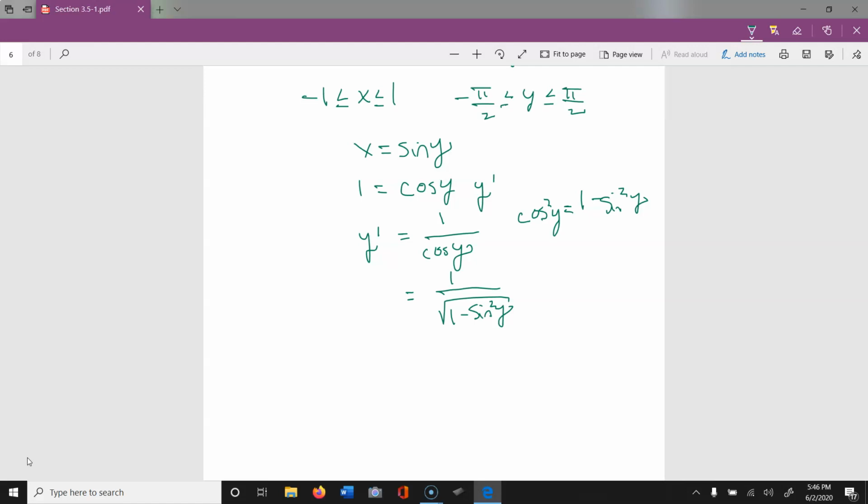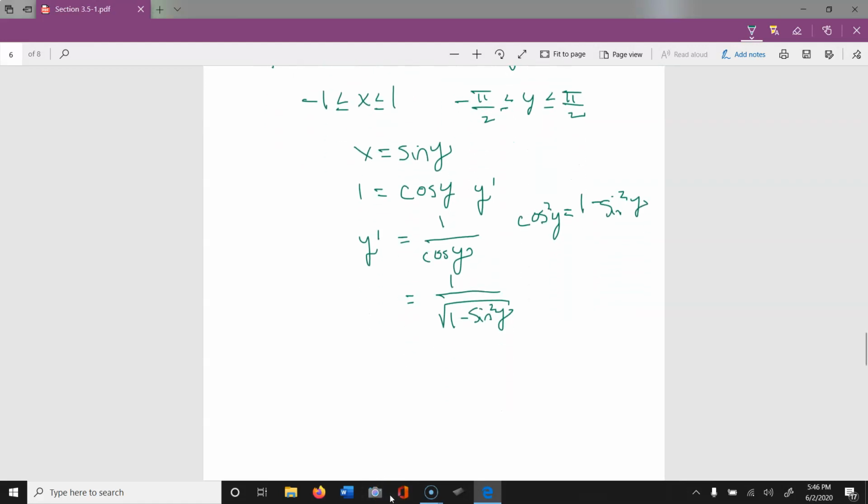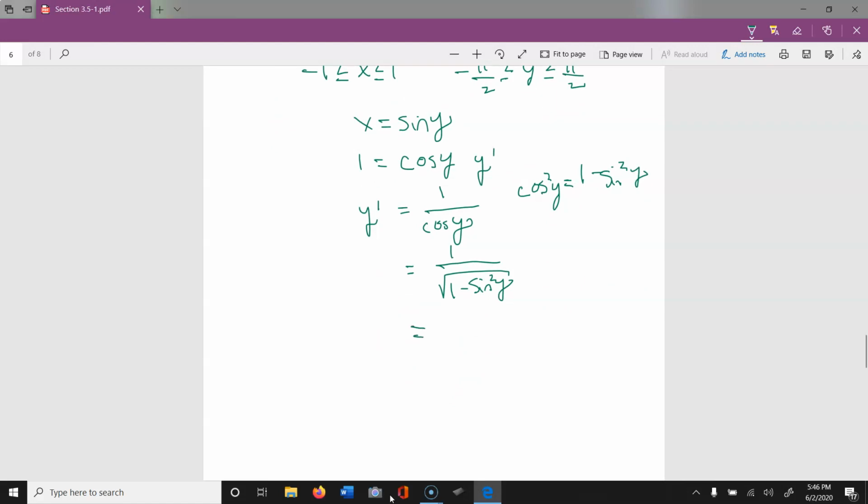Cosine's positive. Now, what is sine of y? Well, if we look up here, sine of y is x. So then this becomes 1 over the square root of 1 minus x squared. Now we can't let x be plus or minus 1, so we're going to say that the absolute value of x has to be less than 1.